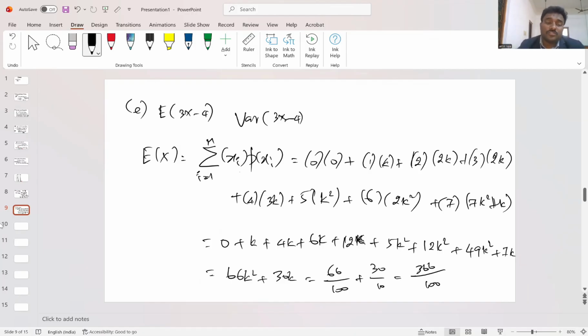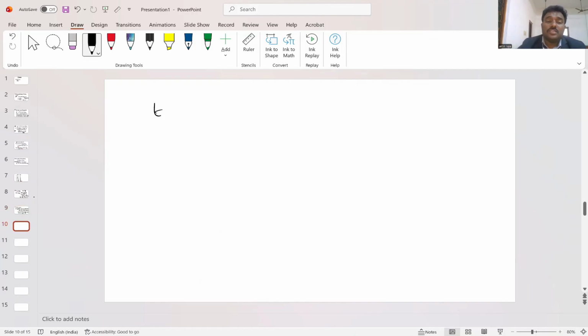So now we are finding the expectation of 3x minus 4, right? So now what should we do? We should apply the expectation to every term, 3x and 4. So expectation of 3x can be written as 3 times expectation of x, minus the expectation of the constant. It is a constant, right? So it is simply 4.